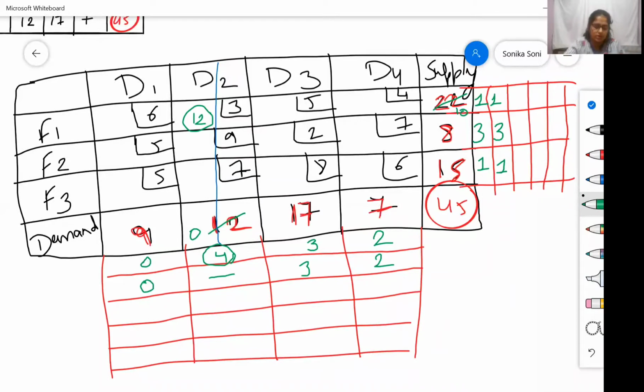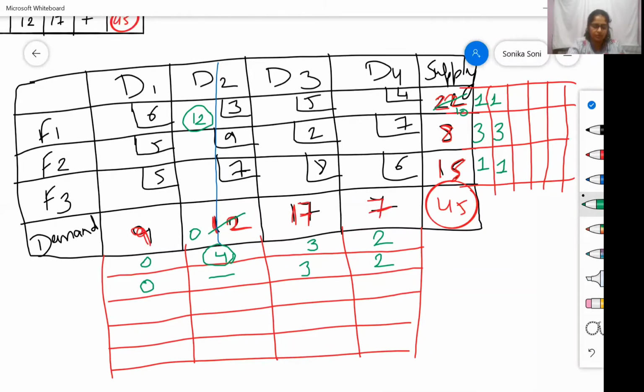If instead of 2 here in the F2 D3 cell, we had it in F1 D3, we would have gone with the D3 column and allocated in F1 D3. Now, whichever way we go, we are getting 2 as the minimum cost.